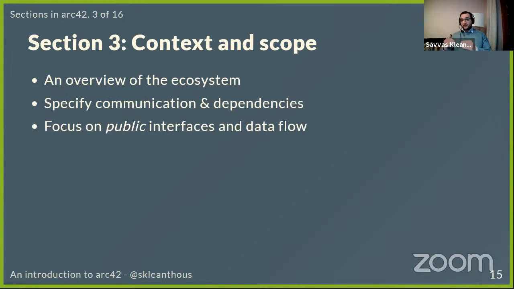And the C4 system context diagram actually fits really well into the technical context. In the business context, you will be providing more information about your product, your competitors, and what kind of forces the particular domain that you are in is working on.